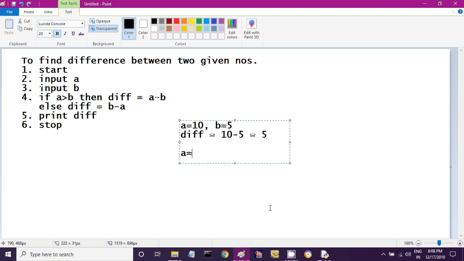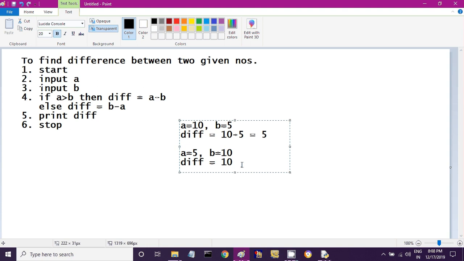Suppose I am taking A is equal to 5 and B value 10. So what is the difference I am getting? Here in this case, A value is less than B value. 5 is less than 10. Then in the fourth step, you will go to the else part. In the else part, difference is equal to B minus A. So B minus A means 10 minus 5.